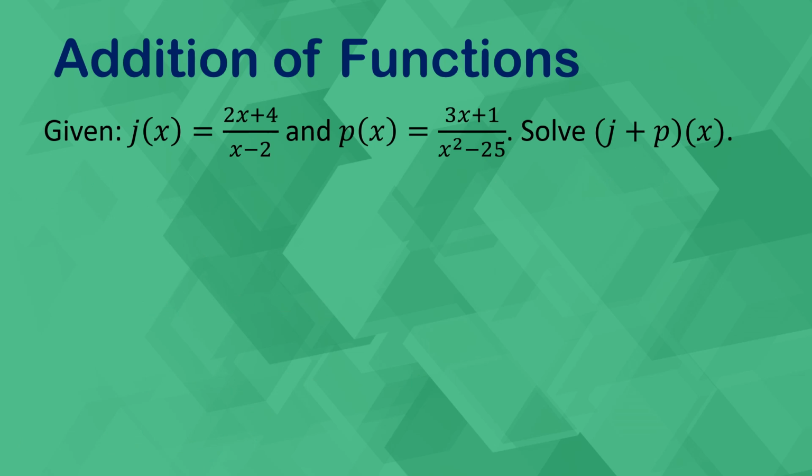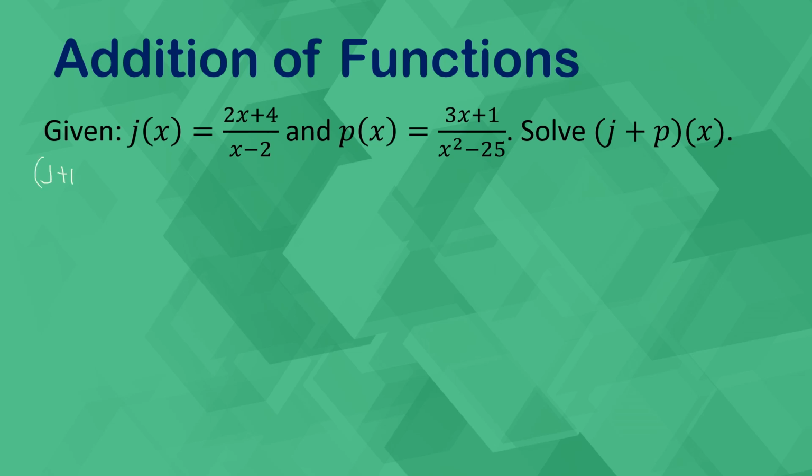For the last example, under addition of functions, we have here two rational functions, j of x, which is equal to 2x plus 4 over x minus 2, and p of x, which is equal to 3x plus 1 over x squared minus 25. So we solve the sum of the two functions.